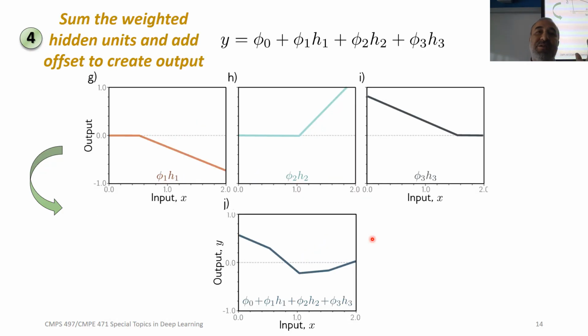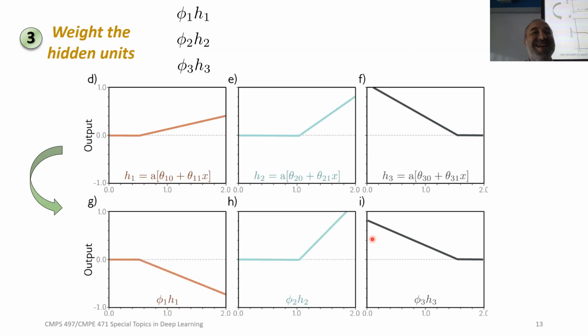What remains is to sum these. After scaling, we sum them and add the final offset, the final constant. Forget about the final constant. When we add these three functions together, what will happen?